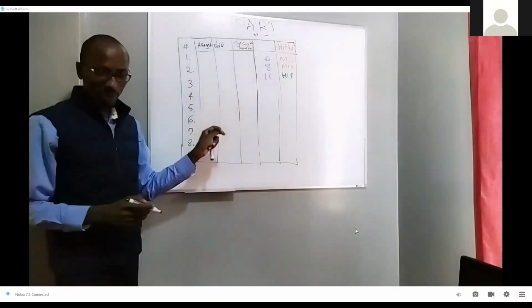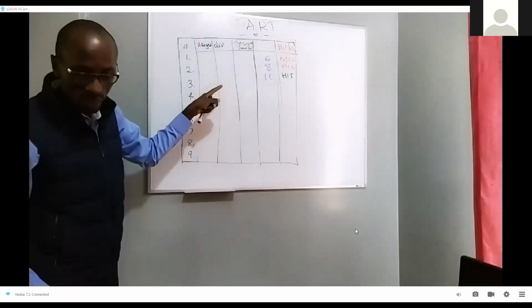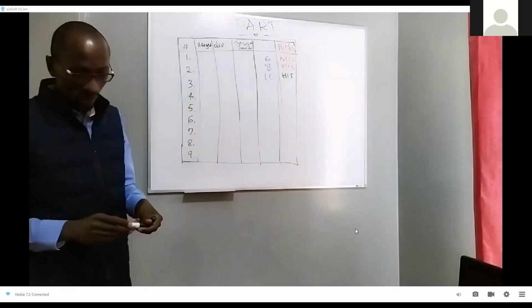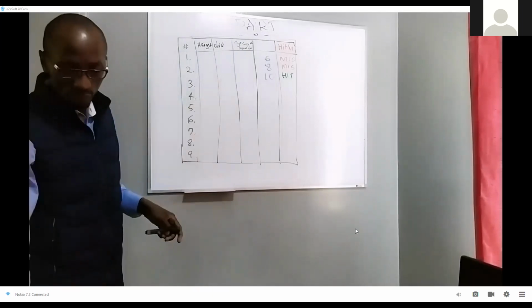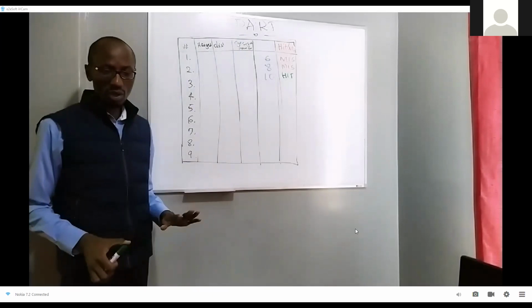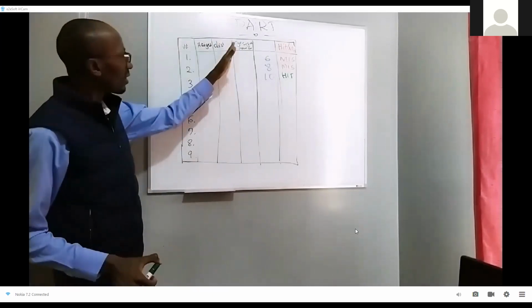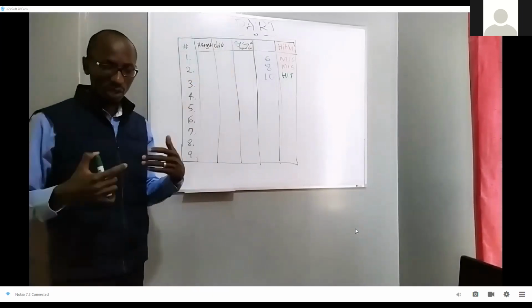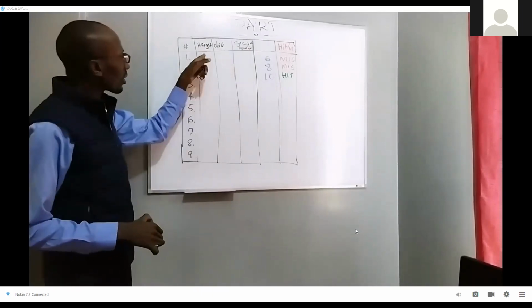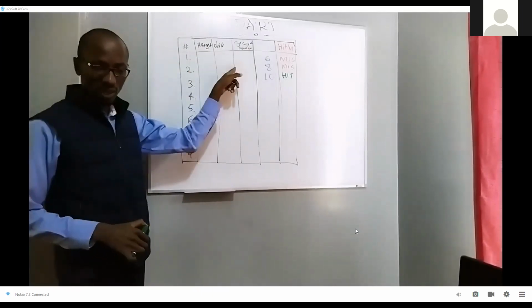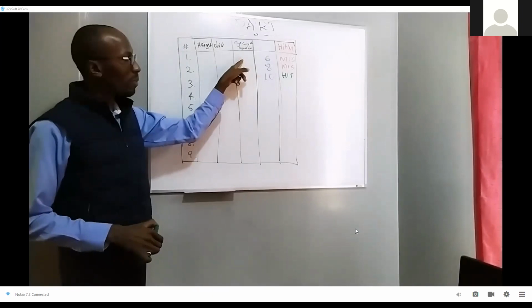Because of the space, let's restrict it to these three what I'll call for now variables. If you don't understand what variables are, don't worry. Just take them as the three properties we are recording. So we are recording the height, the distance, and the eyesight power.